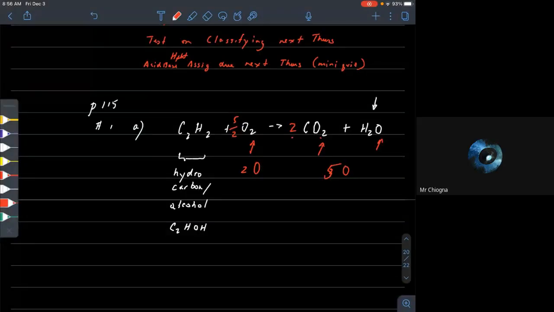Okay. Now that's mathematically correct. So how do I make it so? What do I need to do in order to make it chemically correct? Can't have fractions. Yeah, multiply everything by 2.